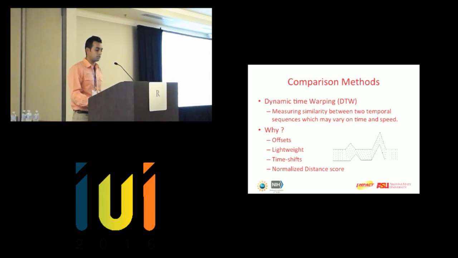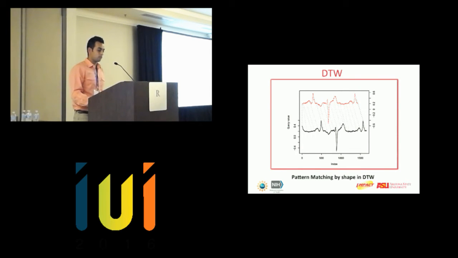It is lightweight for the short signals we have, and it can handle time shifts, which happens a lot when someone is repeating a gesture. And it gives us a normalized distance score, which we use to do the ranking. This is more like a pictorial demonstration of what I talked about.